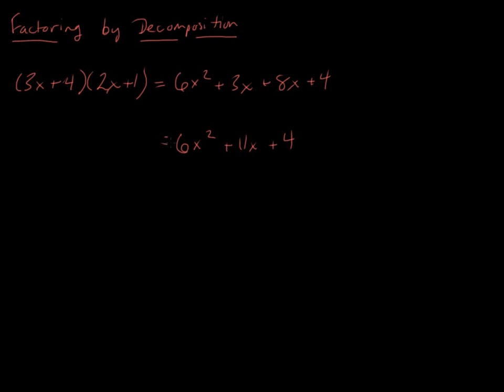And what I want you to notice is that if you multiply the 6 and the 4, 6 times 4, that actually equals 3 times 8. They both equal 24. That's a really nice relationship that happens there.